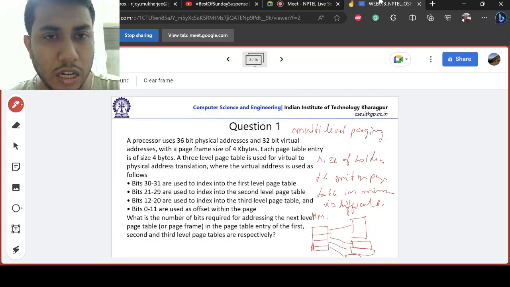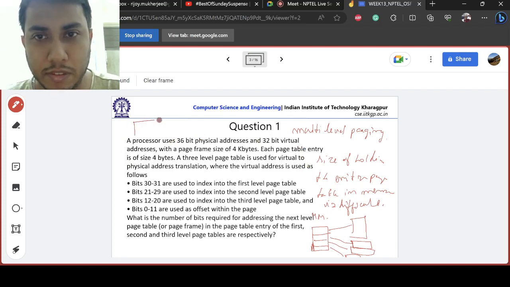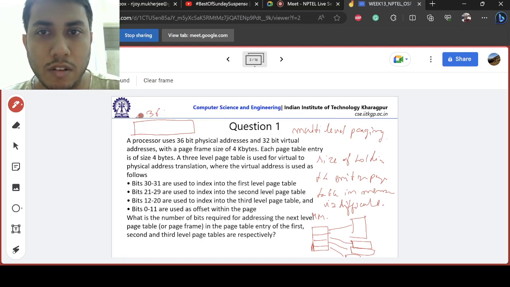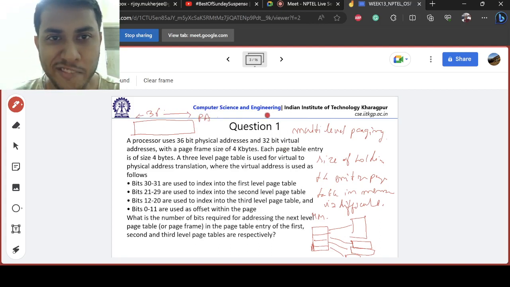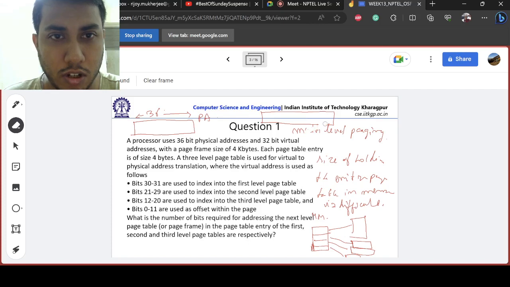Okay, so in this question, what it says is there is a 36-bit physical address and a 32-bit virtual address. Let me just redraw it.